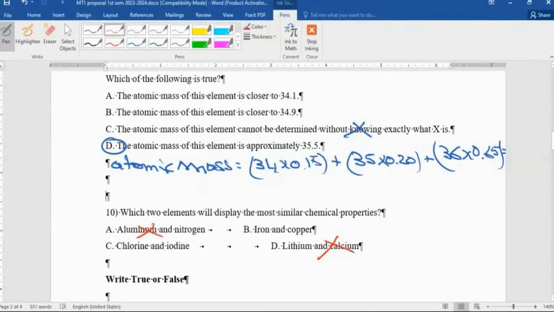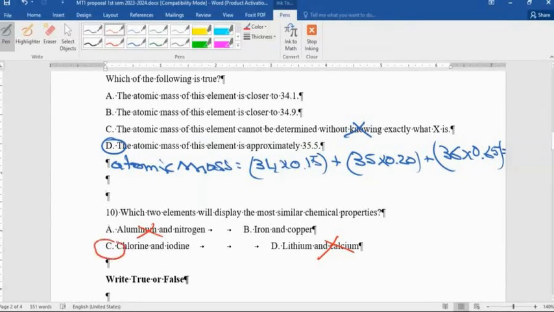So now I have only two choices. One of them is our friend, we have seen this one in the practical, the halide group. The halide anion means what? Chlorine and iodine belong to the same group, group 17 or group 7, the group of the halogens.